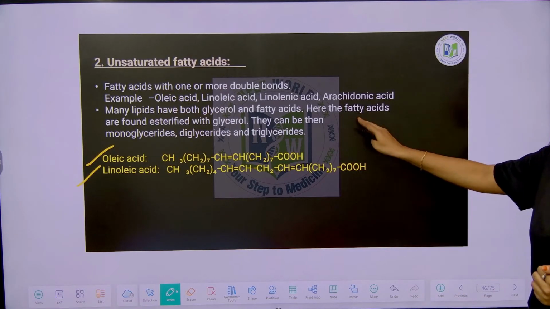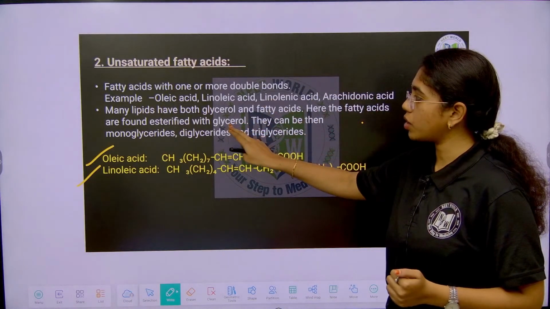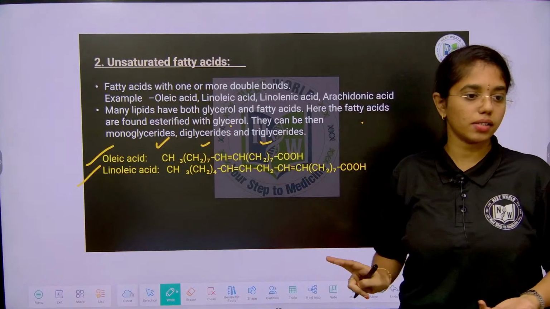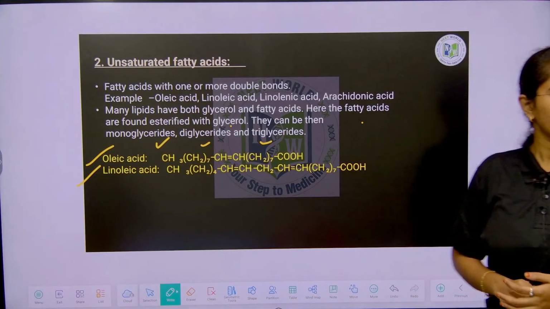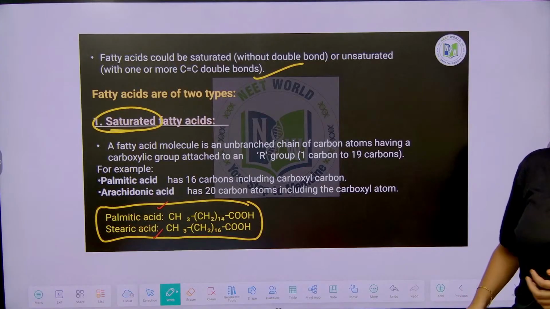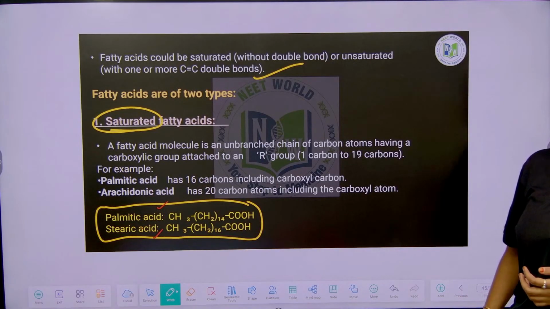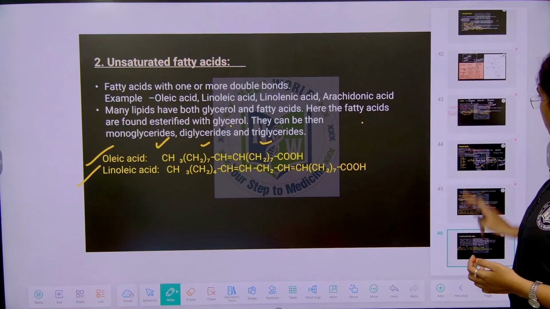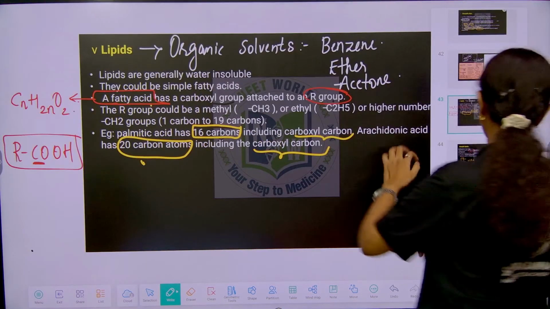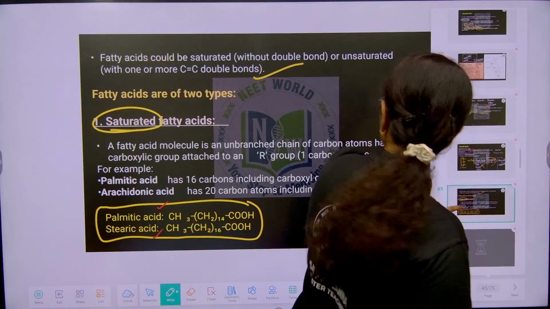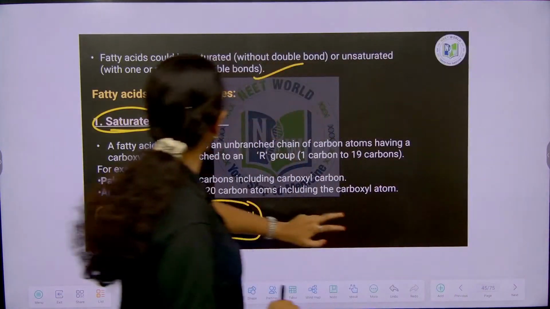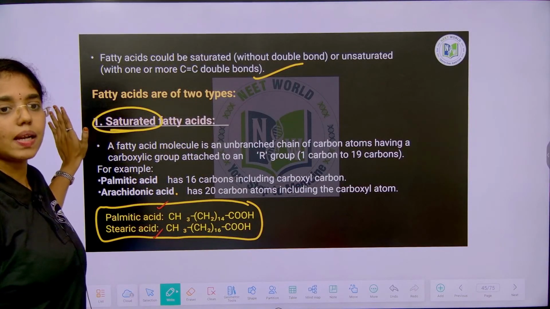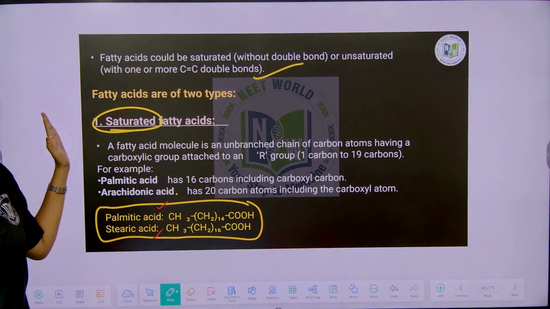These unsaturated fatty acids can be esterified with glycerol, forming monoglycerides, diglycerides and triglycerides. Here arachidonic acid has 20 carbon atoms including the carboxyl carbon. We take it under saturated.